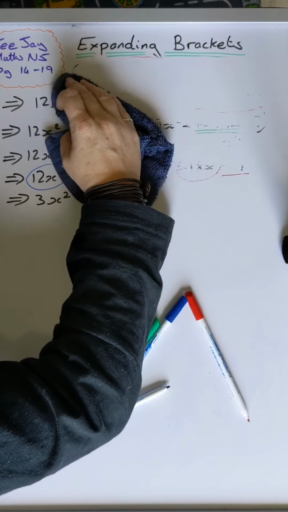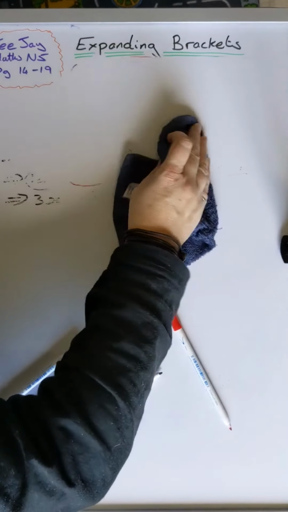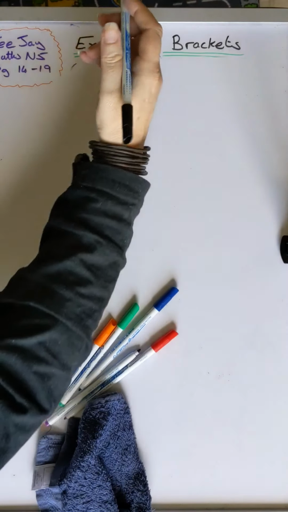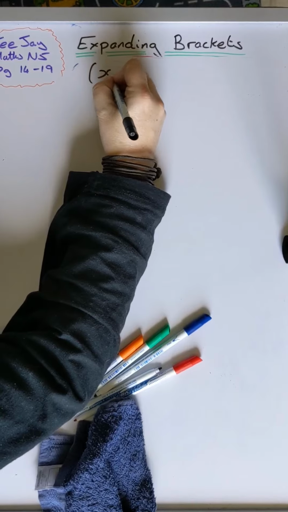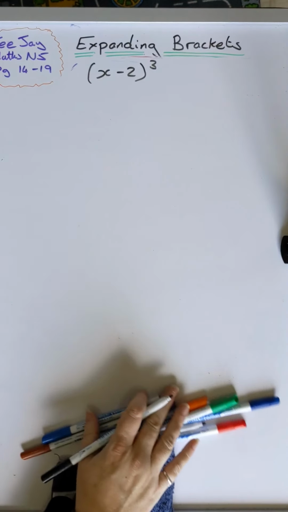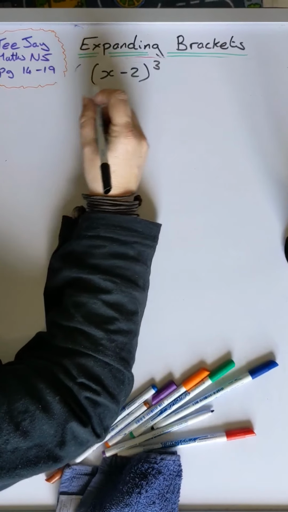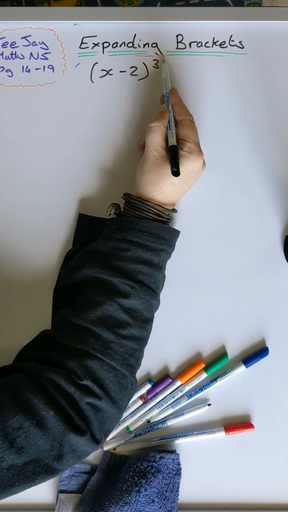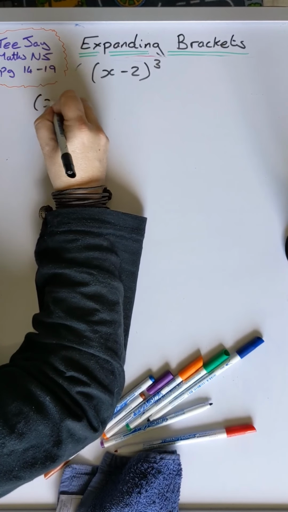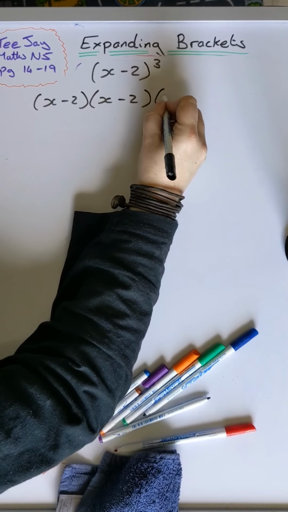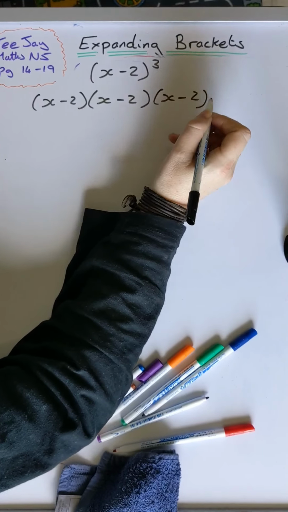Right. One last one. And then I need to go get a drink of tea. We're going to look at what happens when you have cubes. So if I have x minus 2 cubed, what I've got there is x minus 2, the bracket, multiplied by itself 3 times. So I have x minus 2 times x minus 2 times x minus 2.